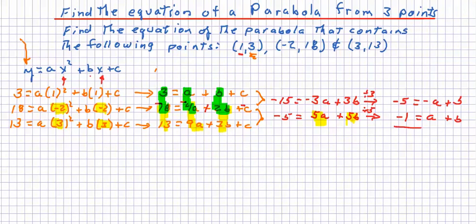I now add these two equations together because negative a and positive a have opposite coefficients, so they can cancel. This, remember, is elimination. We want stuff to cancel when we add it together. So I get negative 6 equals 2b, divide by 2, divide by 2, b is equal to negative 3.